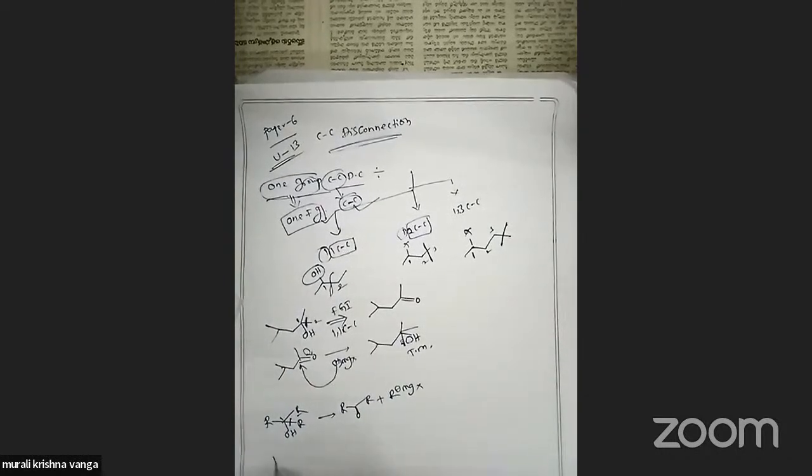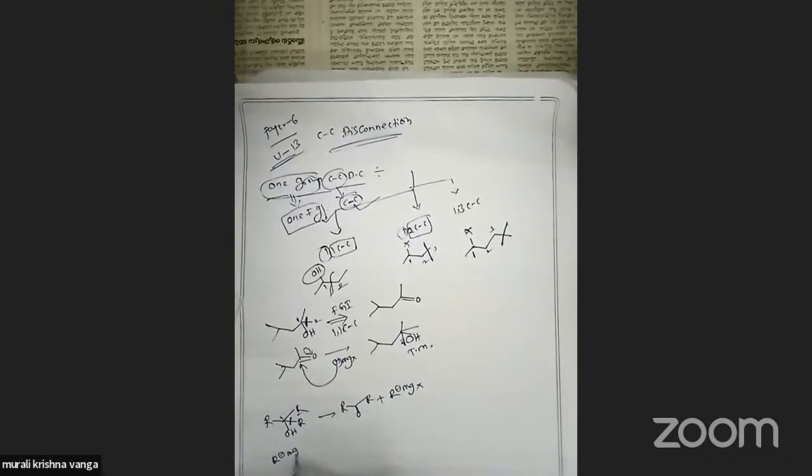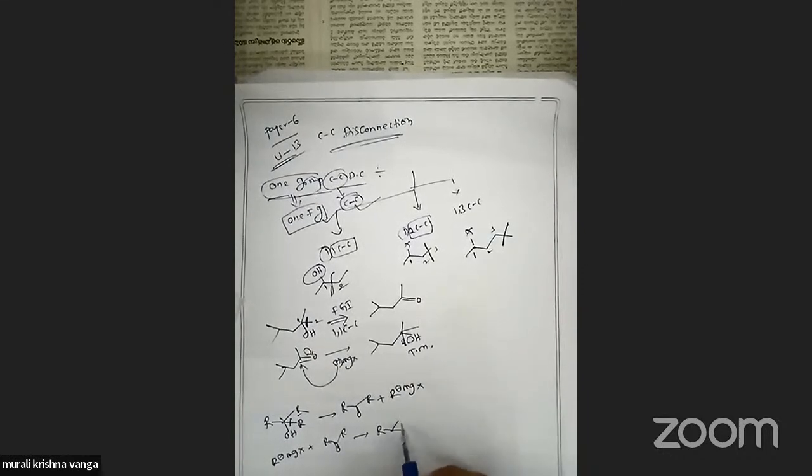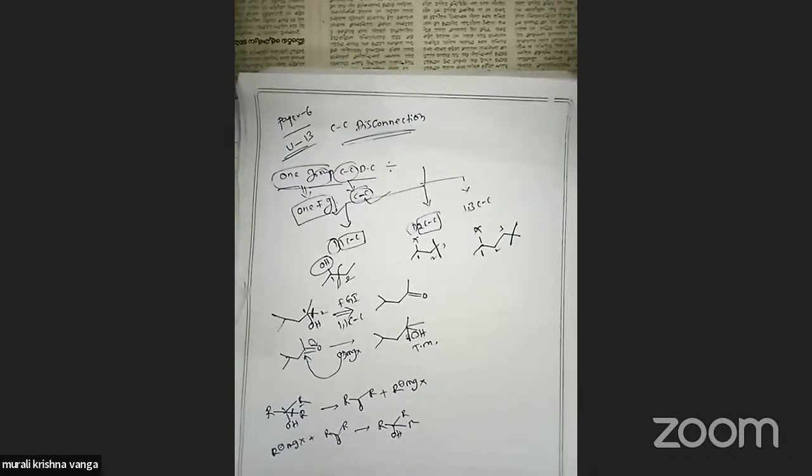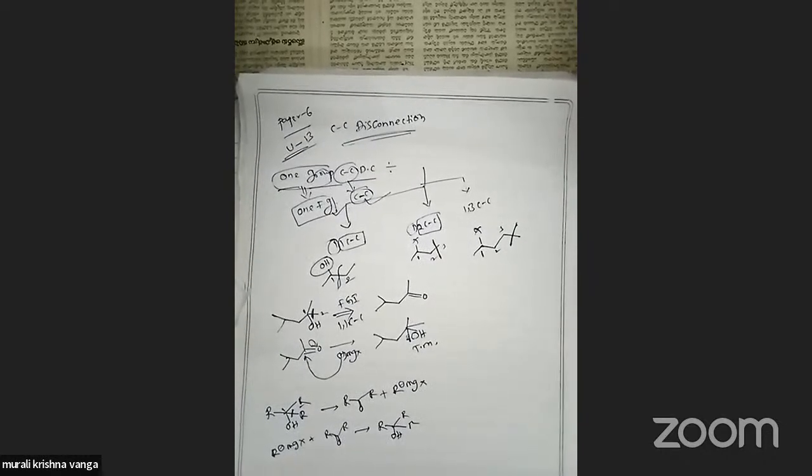Now it is synthesis of this compound from alkyl magnesium halide plus carbonyl compound. Then the products are alcohols. This is an example for 1,1 CC disconnection.